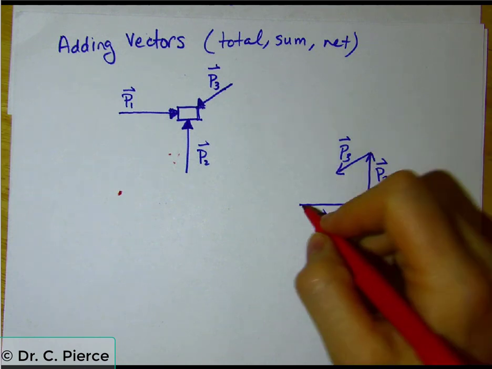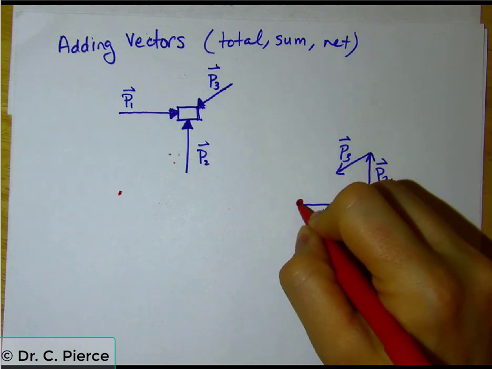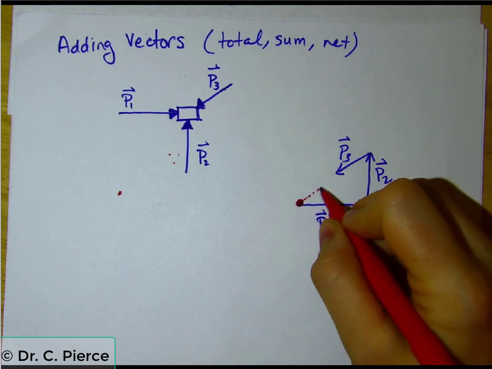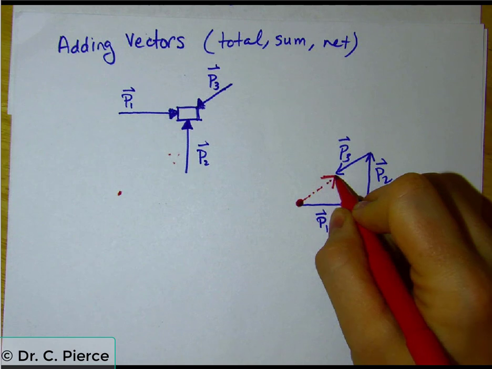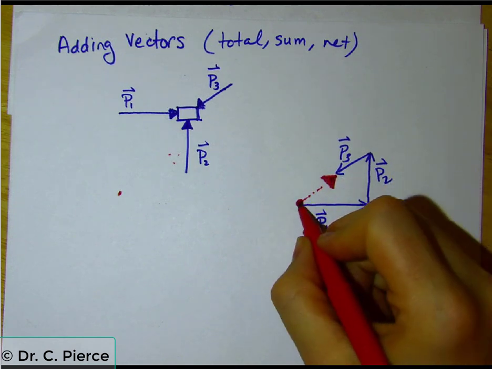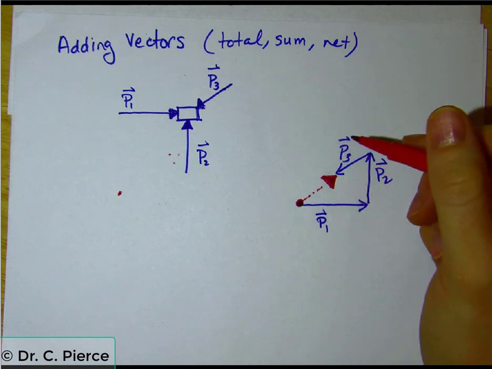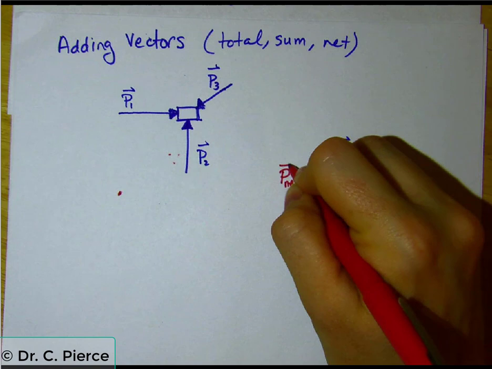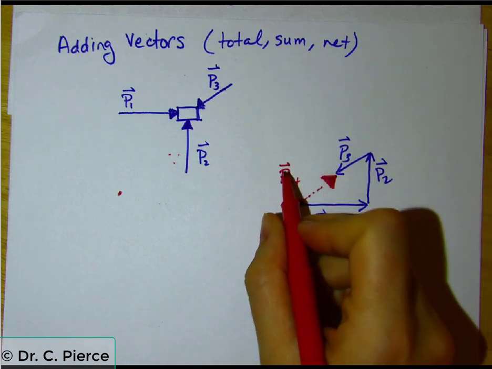Then our answer, our net, will start at the very, very beginning, and it will be an arrow to where we ended up. And it's very important to indicate which direction. It goes from the very, very beginning to the very, very end. And then let's label that as push net, basically meaning the total amount of push.